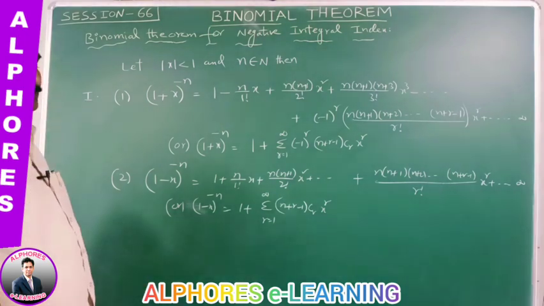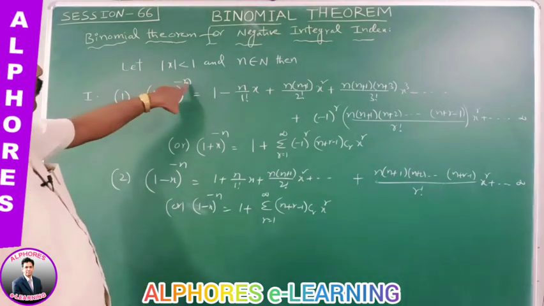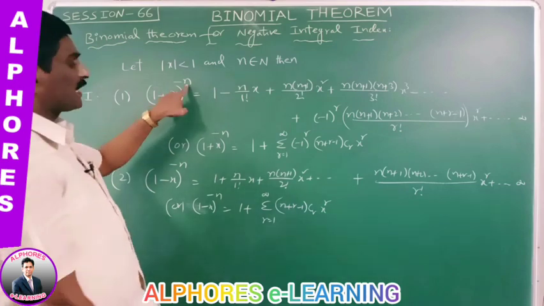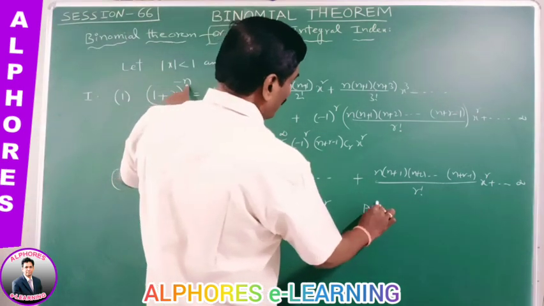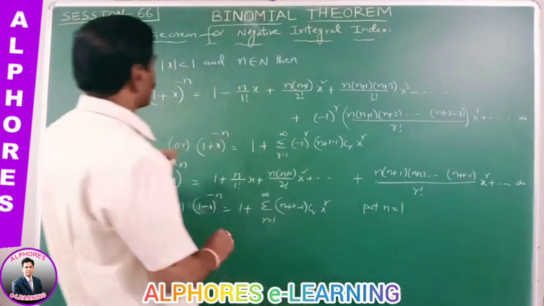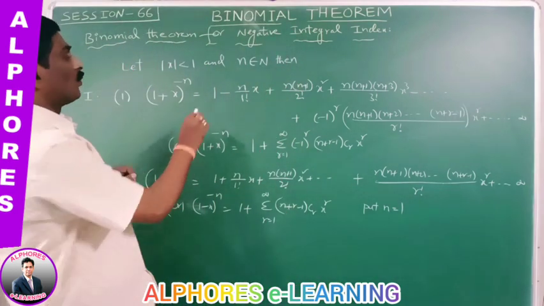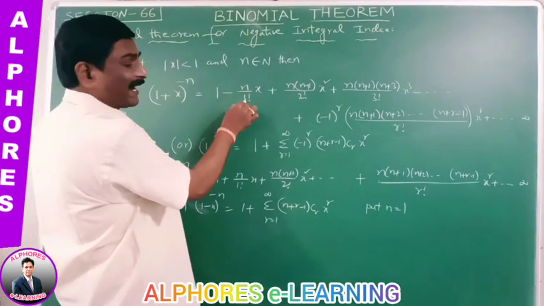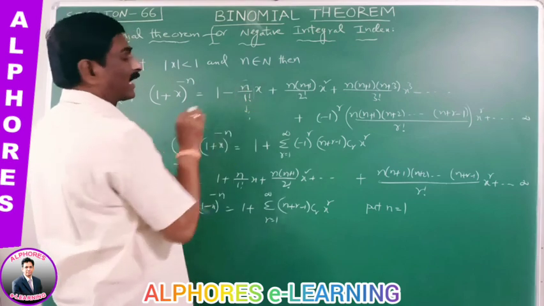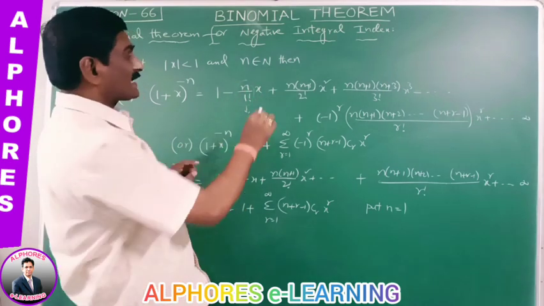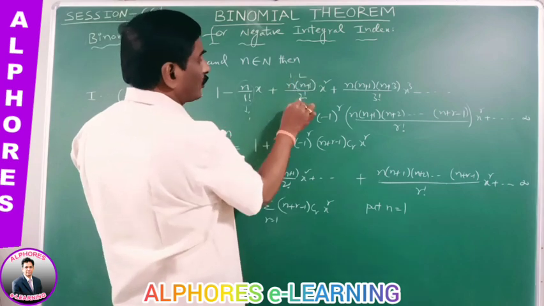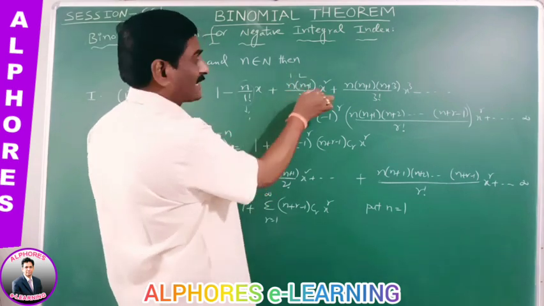Next, Roman number 2. Suppose we put n is equal to 1 in this equation. Please observe this value. What is the value? 1 minus 1 by 1 factorial, that means 1, into x plus 1 into 2 by 2 factorial, means 1 into 2, these two are cancelled, x square.